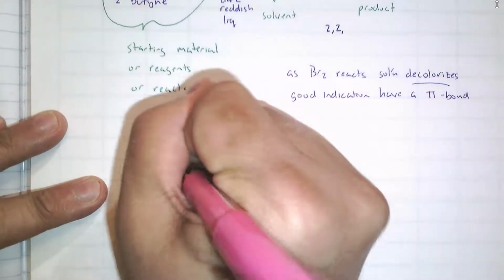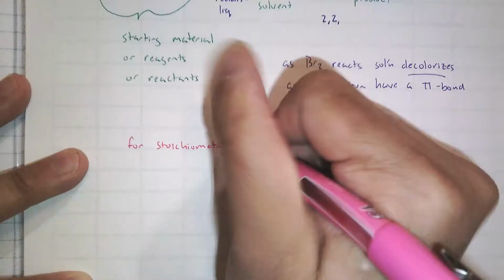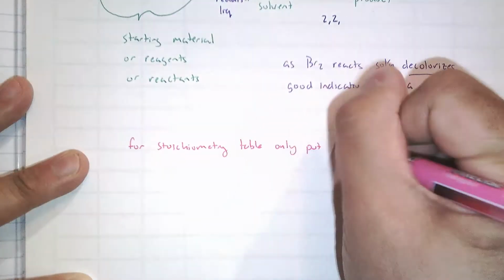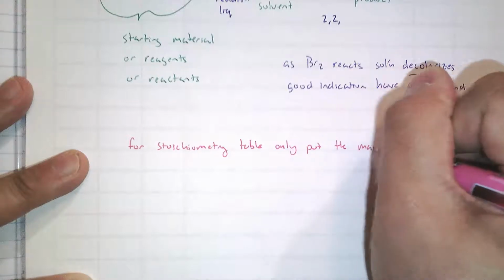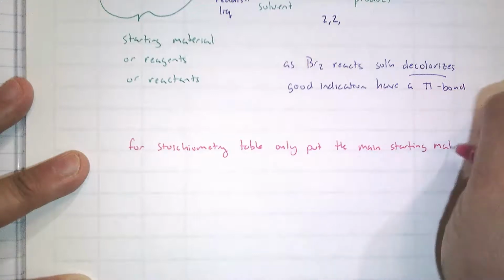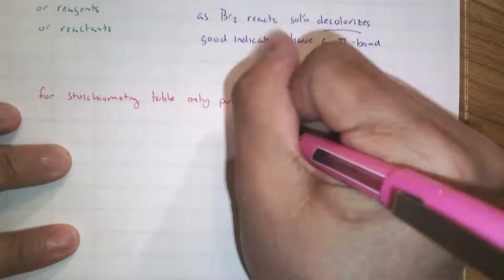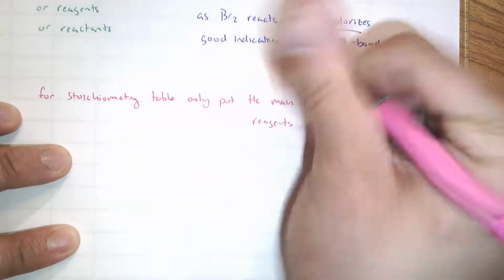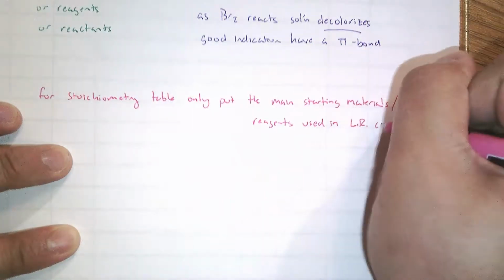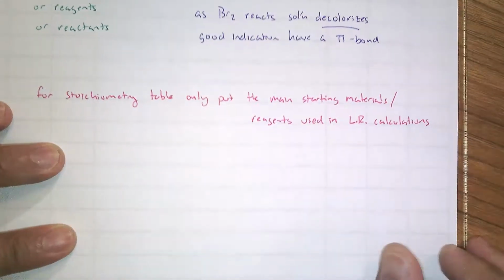For the stoichiometry table, only put the main starting materials, or you could say the reagents used in the limiting reactant calculations, which I want to see in the lab notebook, not on a scratch sheet of paper.